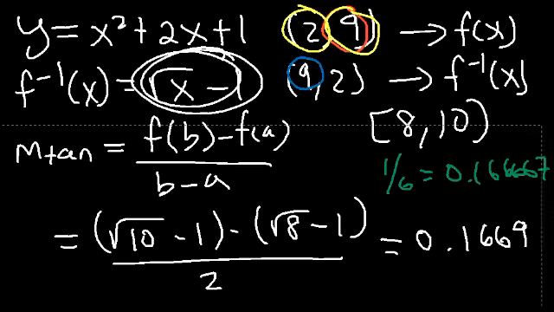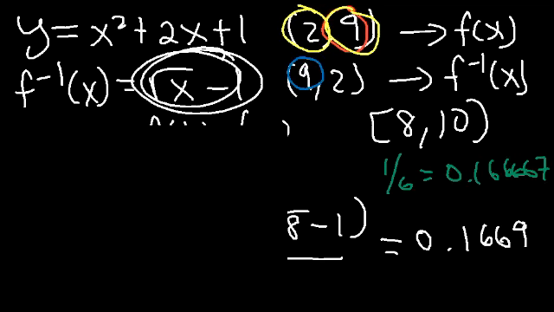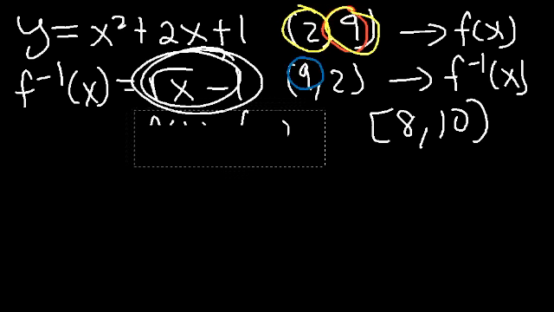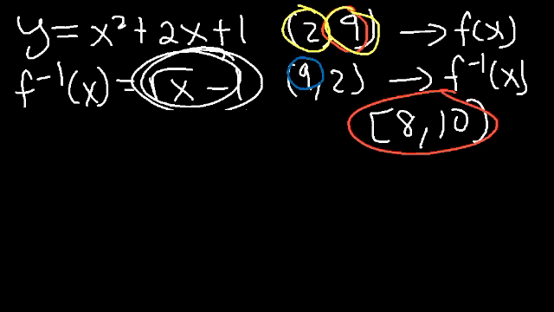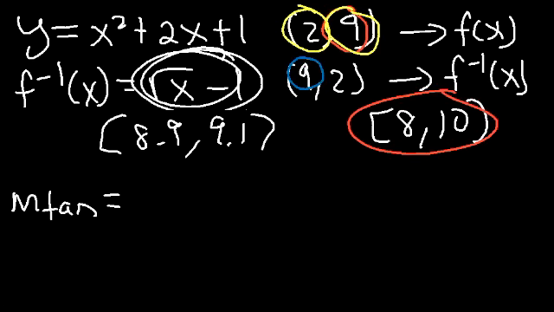Now, what's going to happen if we pick 2 points that are even closer to 9? So instead of using 8 and 10, let's use 8.9 and 9.1. So it's going to be f of 9.1 minus f of 8.9 over 9.1 minus 8.9.